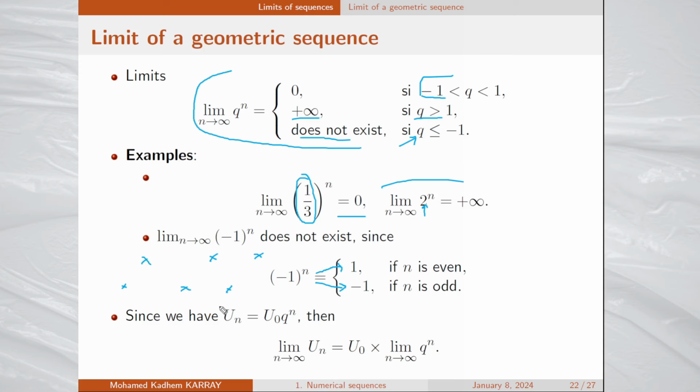Now, since un for a geometric sequence equals u0 multiplied by q to the power n, the limit of un as n goes to infinity equals u0 multiplied by the limit of q to the power n, which is given by this result here.